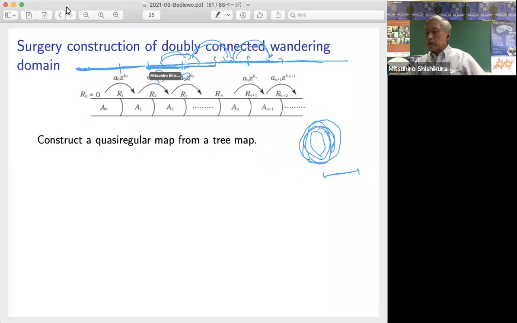So you take a segment corresponding to the annulus, and the image should be a segment, and the mapping between these is expansion by degree K1, degree K2, and degree K3, and so on. And these degrees should be going to infinity. And immediately you can realize that this should be realized by a cylinder. Instead of a cylinder or punctured plane, I just identify this with an infinite cylinder.